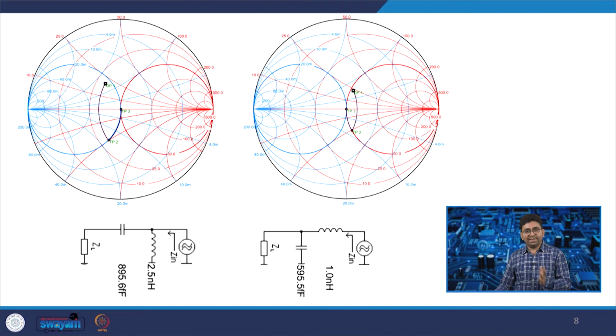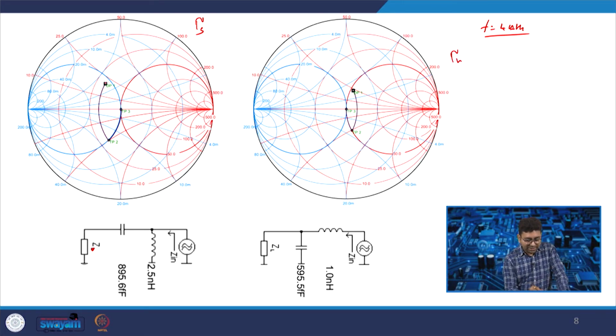You can use LC matching, or even a Q method, T or pi, any network you can design. For example, here for 4 gigahertz frequency, both places are considered ZL, but this is done for gamma S and this is done for gamma L.